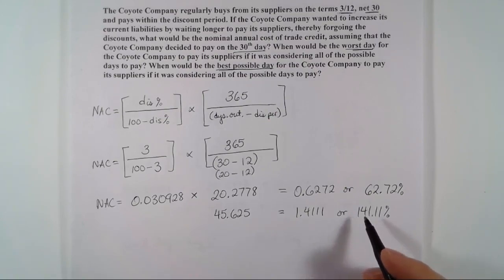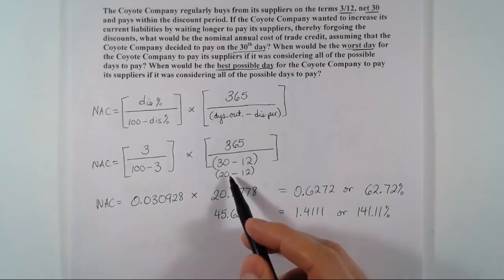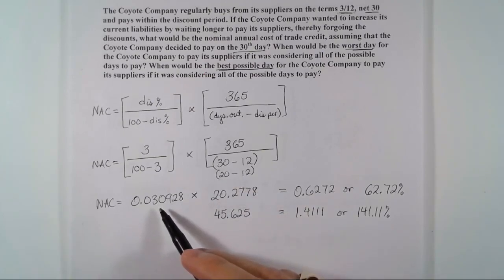So from that standpoint, once the Coyote Company has missed the discount period, what they're going to want to do is get as many extra days as possible for the penalty that they're having to pay.